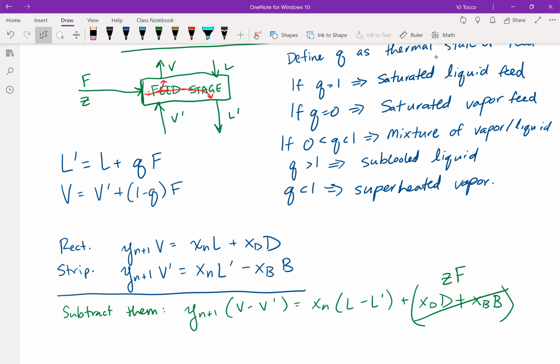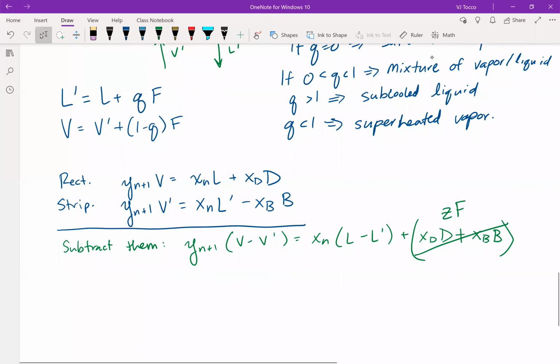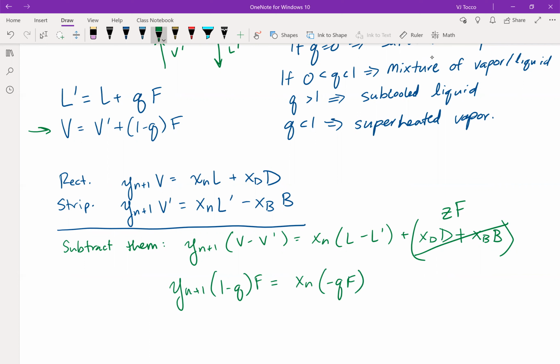Okay, next what I'm going to do is go through and solve for y of n plus 1, and then use my derivations up here for L prime and V prime. So once again, y n plus 1. Now using this equation, V minus V prime is equal to 1 minus q times F, equals x sub n times L minus L prime, which is negative qF, and plus zF can stay.